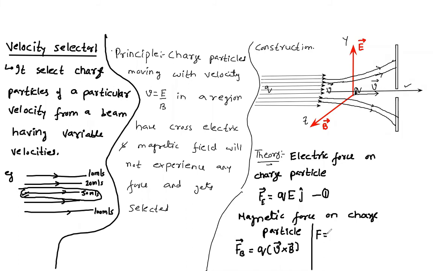So if I open this cross product, this is QVB sin 90. It's very clear: V is along the x-axis, B is along the z-axis, so the angle is 90.